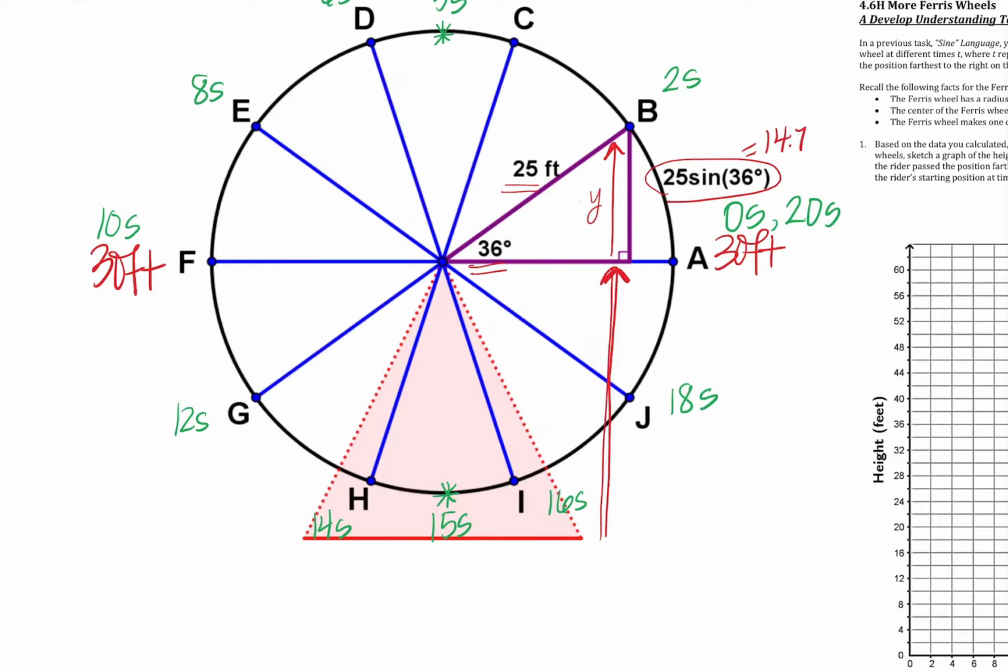We're just adding on that 14.7, bringing us to a grand total of 44.7 feet at position B. And I love this Ferris wheel because I know another place on the wheel that is also 44.7 feet off the ground. Let's mark it.